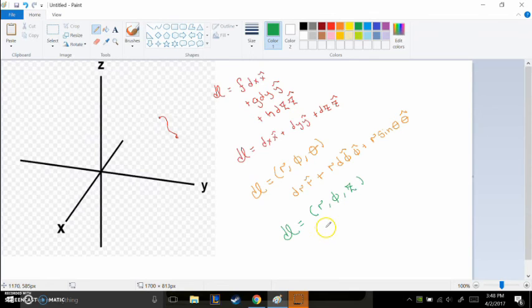So we have dr in the r direction plus r d phi in the phi direction plus h is 1, dz is dz, so we just have dz in the z direction. Okay, and I'll just write this so these are cylindrical, this is spherical.